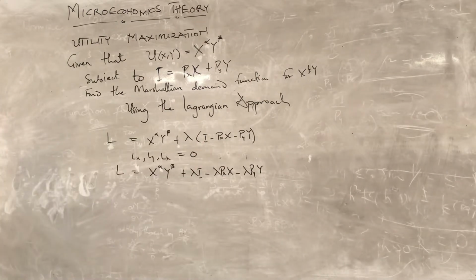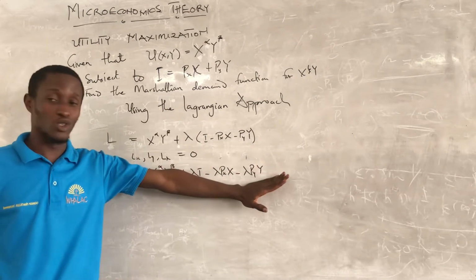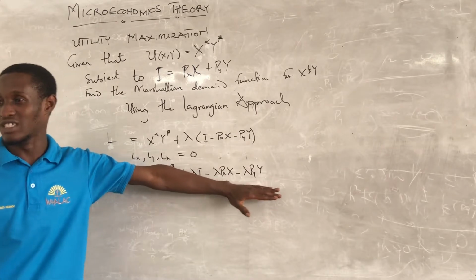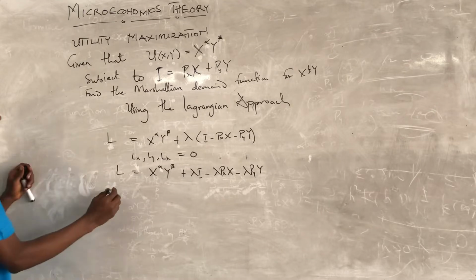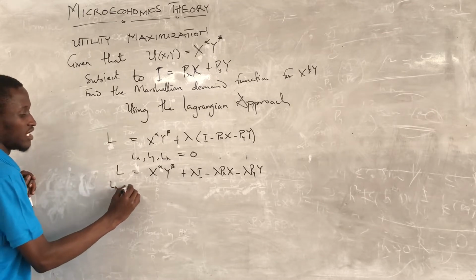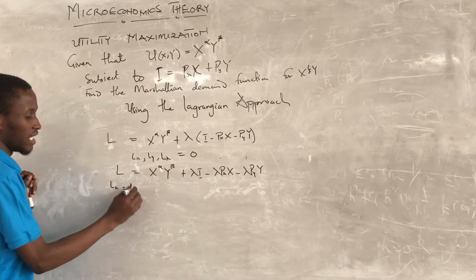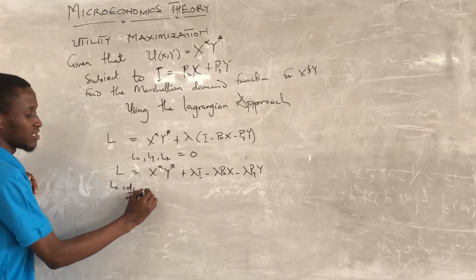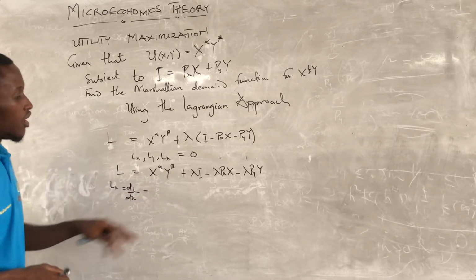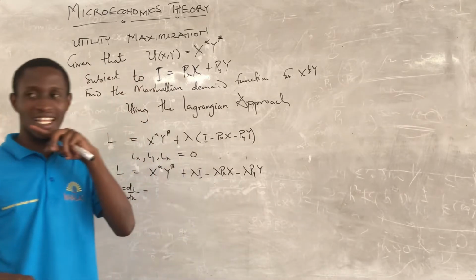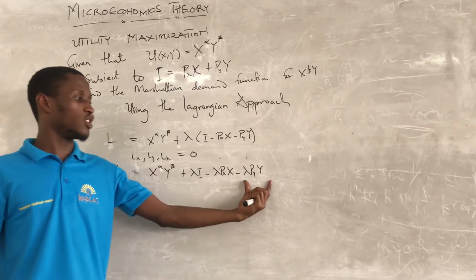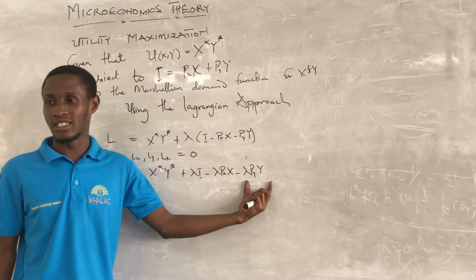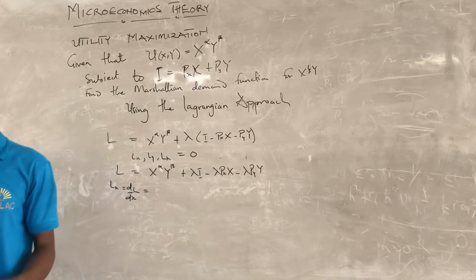But if you are not, you have to save yourself from a lot of danger. So you just expand. So now we find Lx. So Lx is the derivative of this L with respect to x. So now all the other variables without x will be treated as constant. So this will be seen as constant, this will be seen as constant because there is no x. Differentiation of a constant is 0.